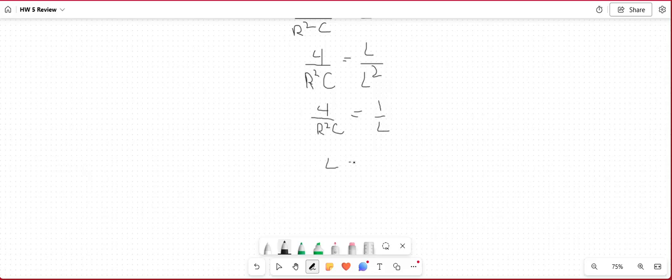So L equals R squared C over 4. And we know what R is, we know what C is. So when we plug our values in, we get 0.0534 henries. So that answers what our L value is.